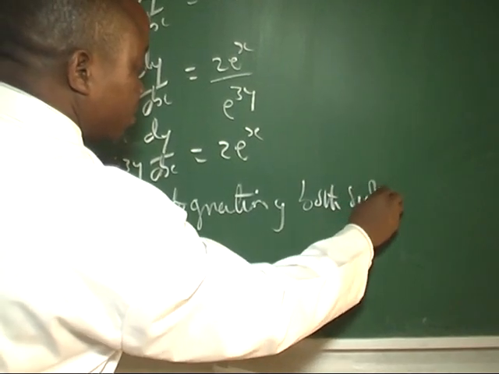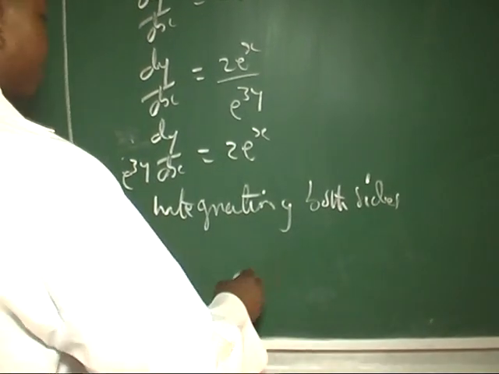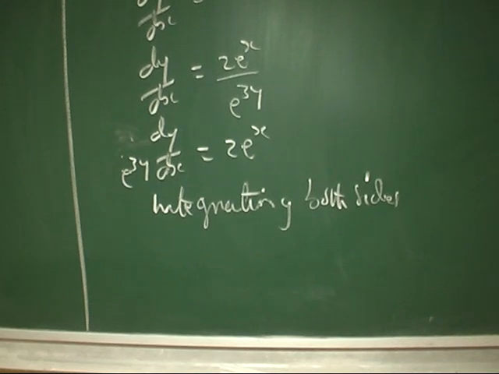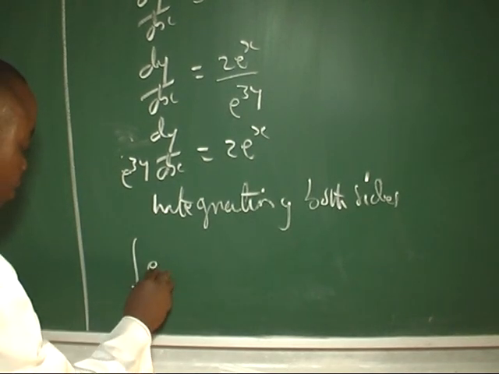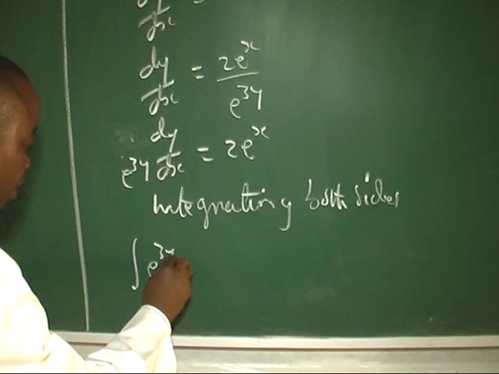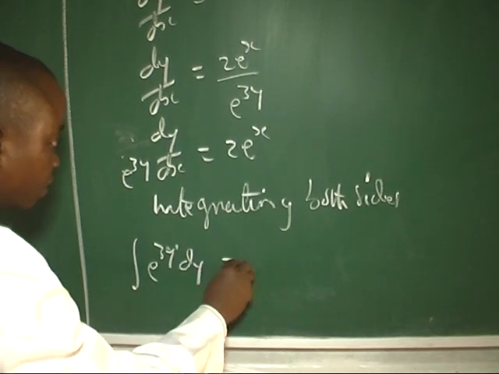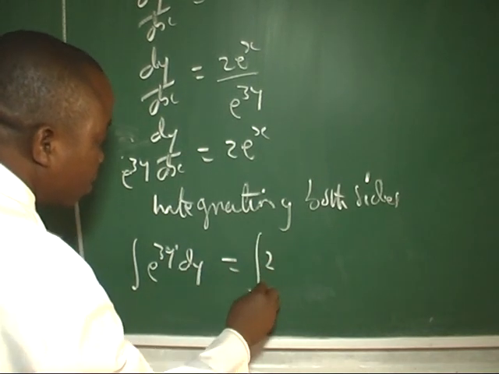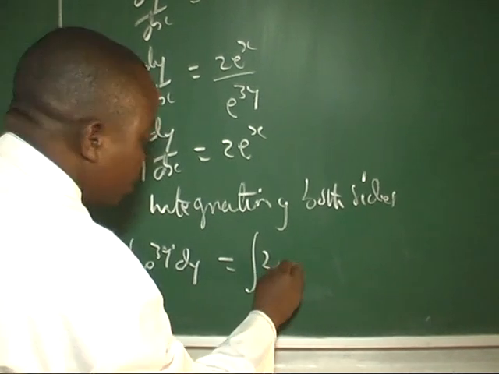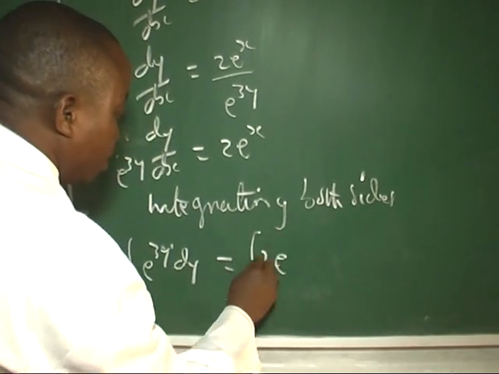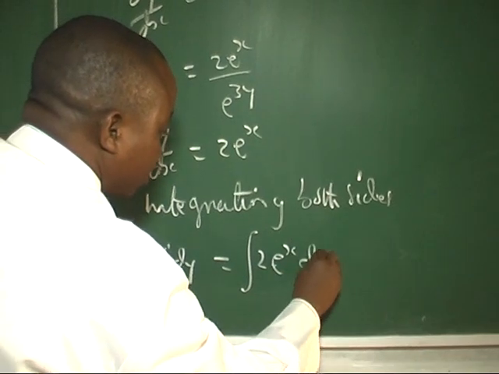both sides with respect to x, we'll have integral exponential 3y dy will be equal integral exponential x dx.